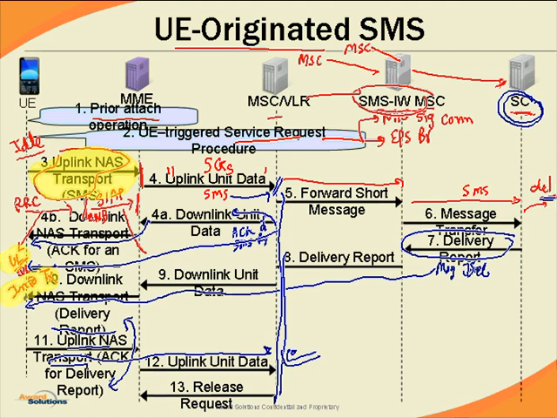So we are staying on the LTE interface, and we are using the NAS connection with the MME to take care of SMS. So yes, that's a very good point. We never leave LTE radio access. We stay with LTE radio access, and we use the NAS connection and the SGs interface to take care of SMS. So that is a good point.